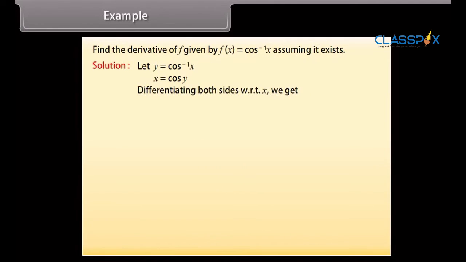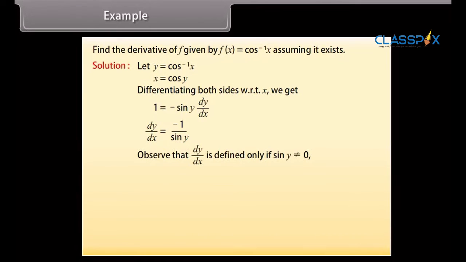Differentiating both sides with respect to x, we get 1 is equal to minus sine y into dy by dx. dy by dx is equal to minus 1 by sine y. Observe that dy by dx is defined only if sine y not equal to 0, that is, y belongs to 0, pi.